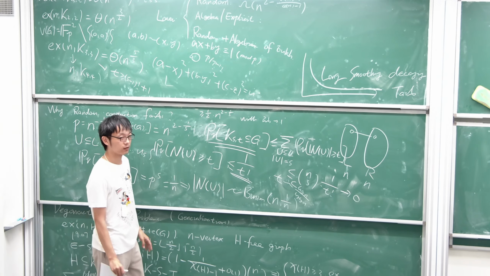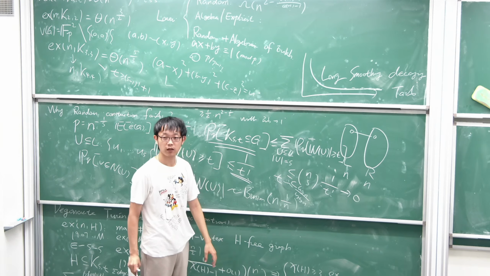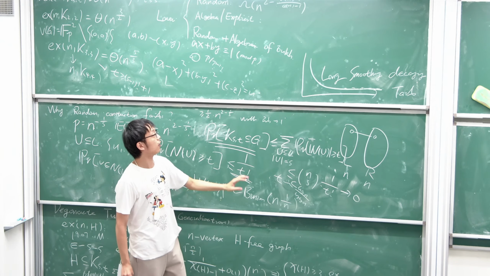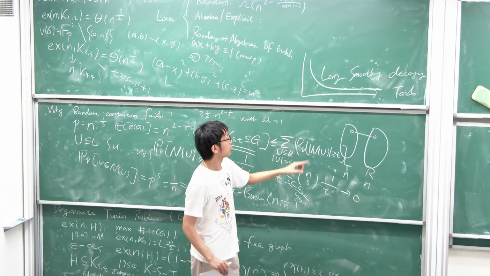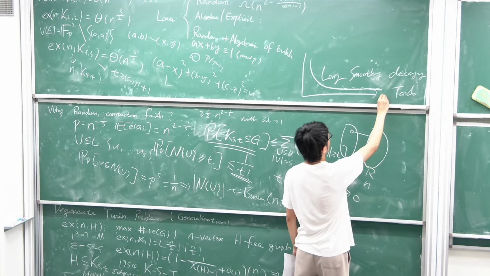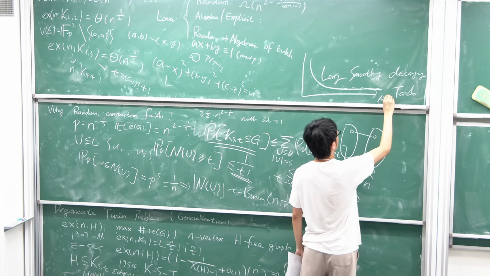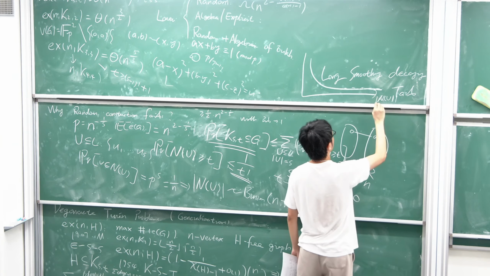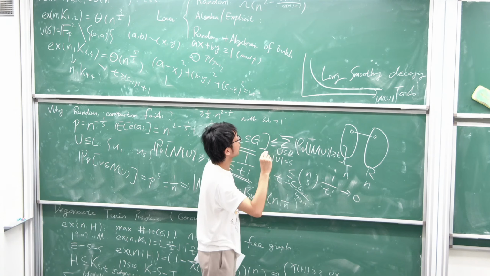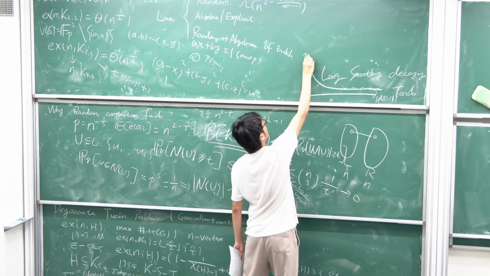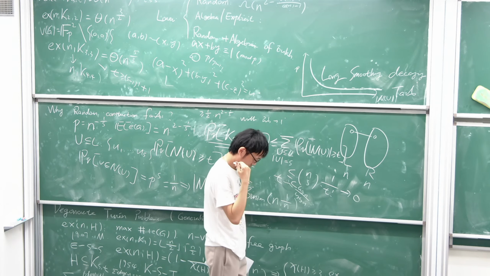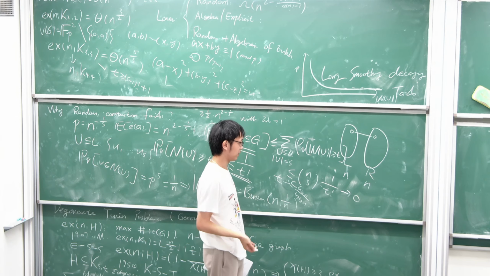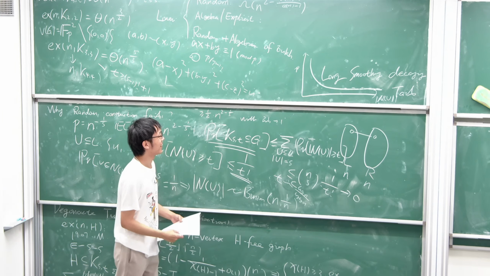Sorry, what does the x-axis mean in that case? We can see the x-axis as the number of common neighbors of U, and the y-axis as the probability.